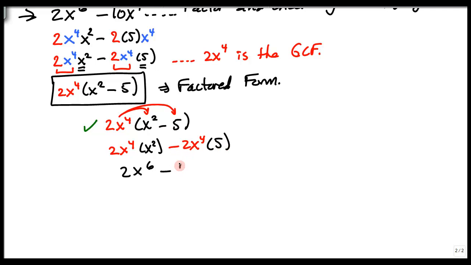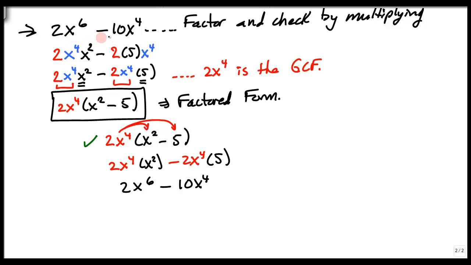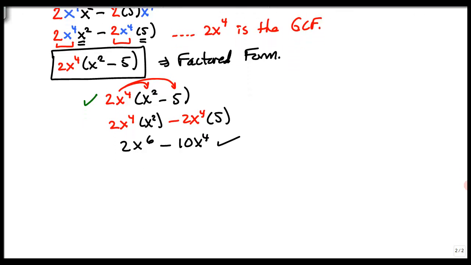Negative 2 times 5 is a negative 10x to the 4th. And let's check. 2x to the 6th minus 10x to the 4th checks, so I know I have the right answer. So again, all of these you can check to see if you have the right answer, and so you really should take that time to check.